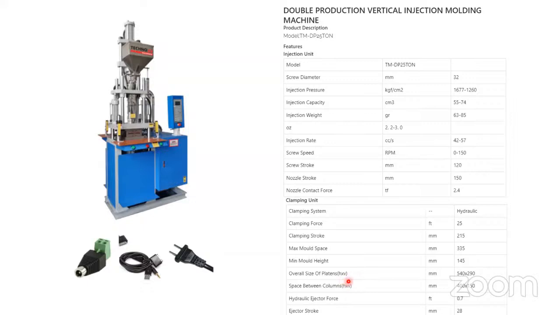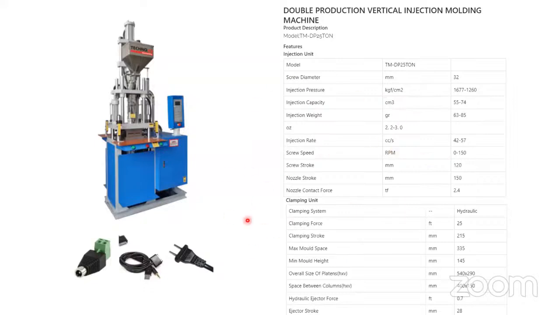Overall size of the platen, see here, this big is the platen. Length and height. Space between columns 400 and 150. Hydraulic ejector force 0.7. Ejector stroke 20. See, this is a vertical machine frame, and the specifications are given here.